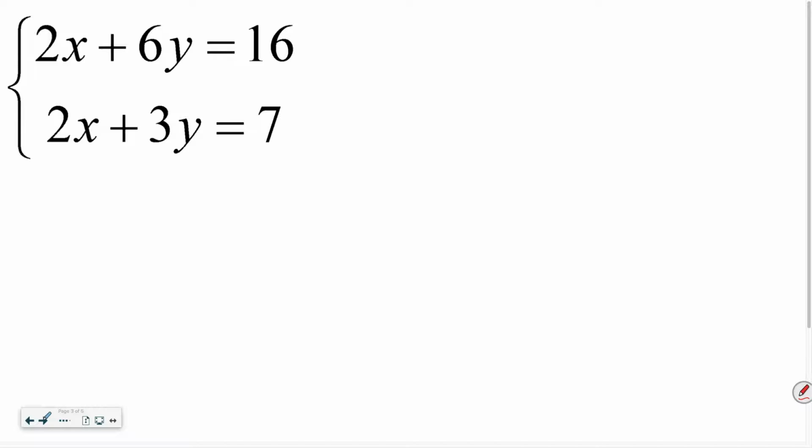What kind of answer am I looking for? Well, what is the answer to a system? A coordinate, okay? So when I give you a system, you can use a matrix to solve, but your answer needs to be written as a coordinate, okay? So first, let's go ahead and write this as an augmented matrix.